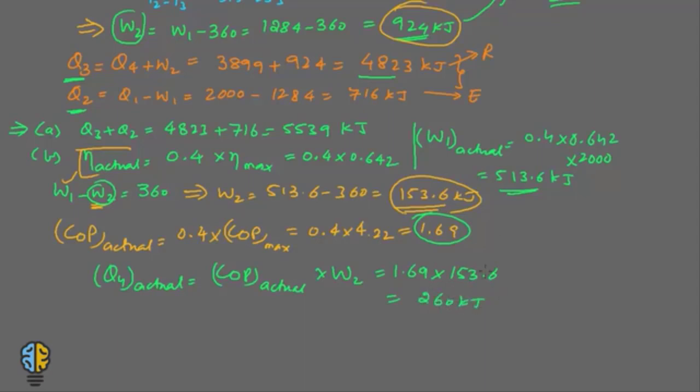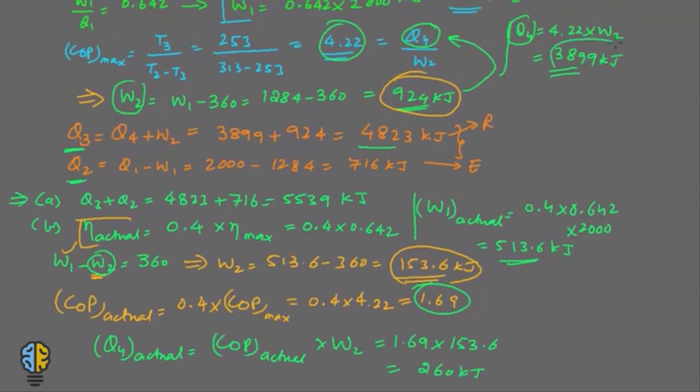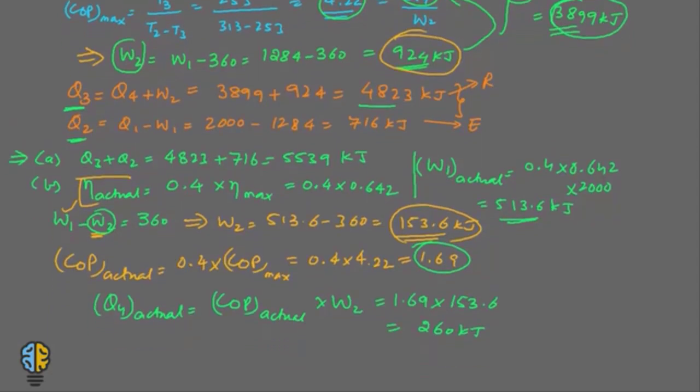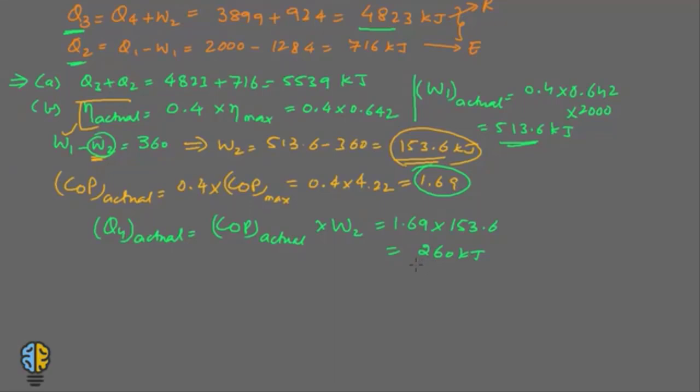If you look at the difference, Q4 in the earlier part was 3899 kilojoules, but now at 40% of operating performance, you only have 260 kilojoules of heat being absorbed from the T3 reservoir. Now this gives the value of Q3 actual as equal to Q4 actual plus W2 actual.